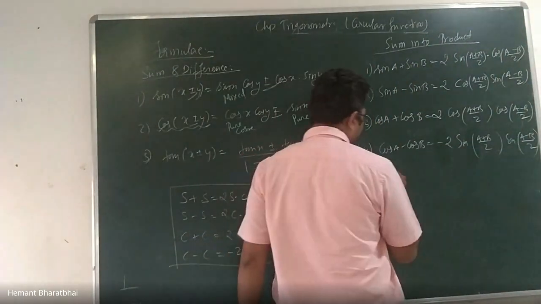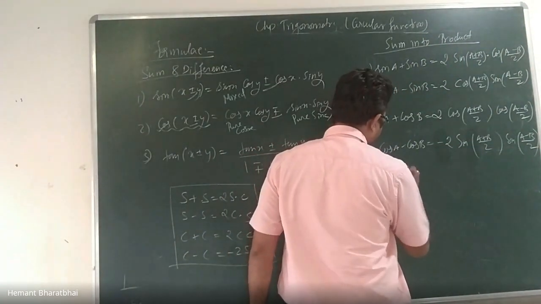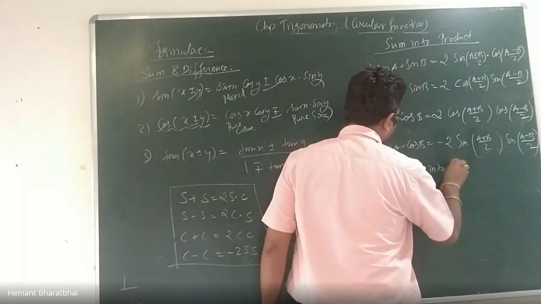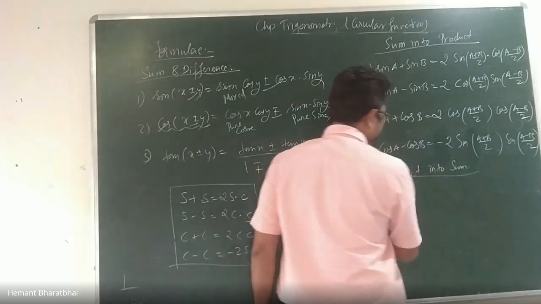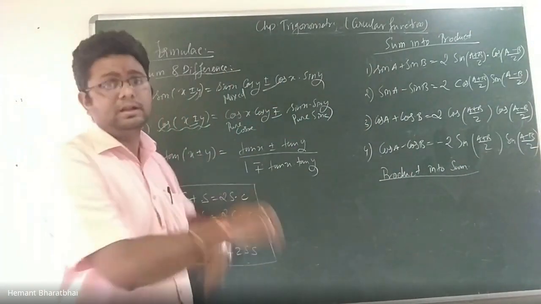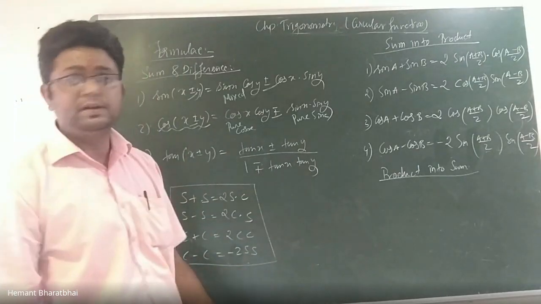Now the second set of formulas is product into sum, which means on the LHS side I am going to have the product and on the RHS side I should have the sum.